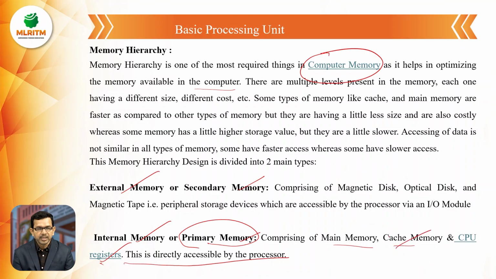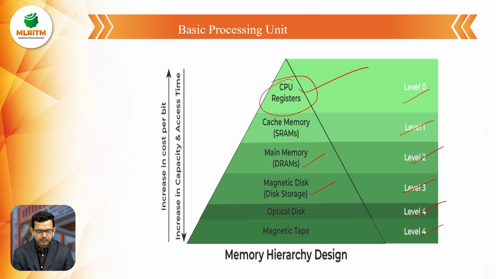So these are all the main memory parts which the processor has to see and execute the instructions from. These two are the basic memories where the memory hierarchy is carried out.